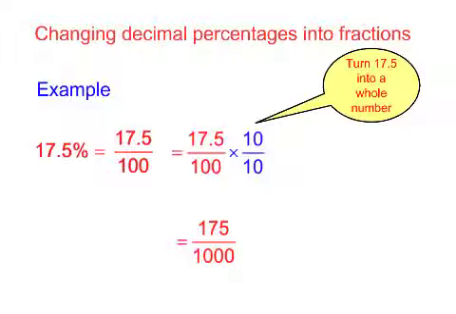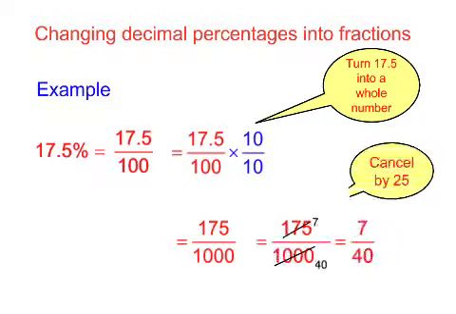In other words, 17.5 by 10 is 175. 100 times 10 is 1000. Now we look to see if anything cancels, and of course it does. We can divide both top and bottom by 25, leaving us with an answer of 7 over 40. So 17.5% is 7 over 40 as a fraction.